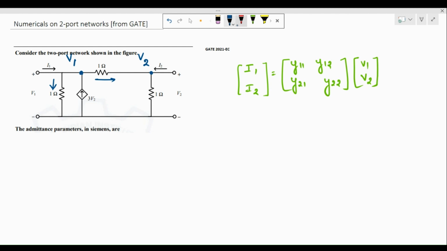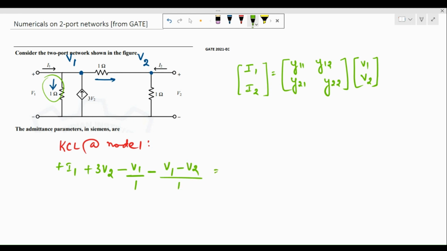So if we write the KCL equation, writing KCL at node 1, we basically get plus I1 entering the node, plus 3V2 entering the node, minus V1 by 1 for this particular current, and minus (V1 minus V2) by 1, because this is going out from node 1.